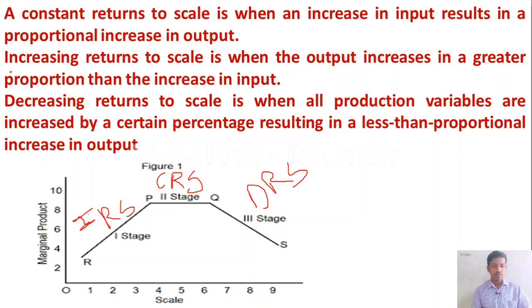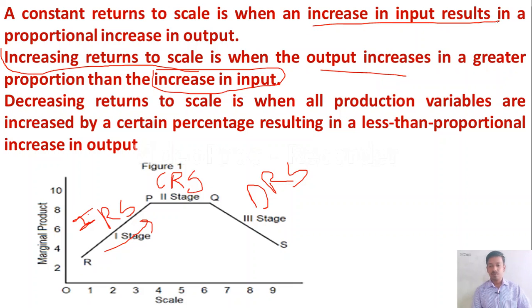Okay, what do you mean by increasing returns to scale? Increasing returns to scale is where the output increases in a greater proportion than the increase in the input. It is known as increasing returns to scale. Then constant returns to scale is when an increase in input results in a proportional increase in the output.